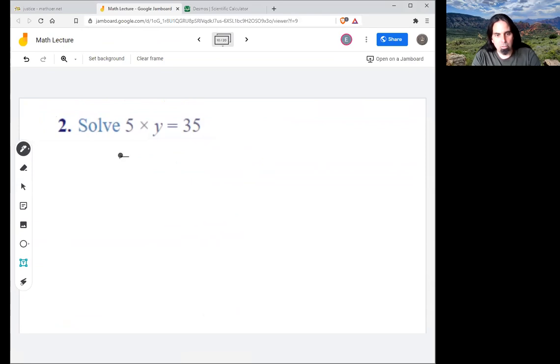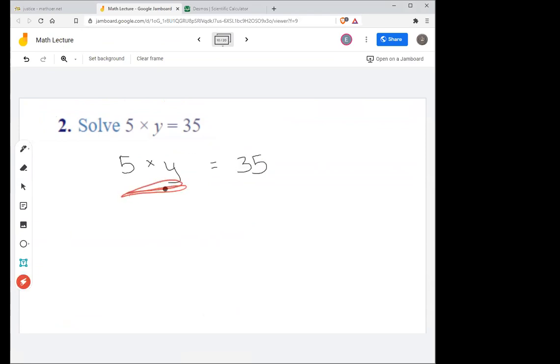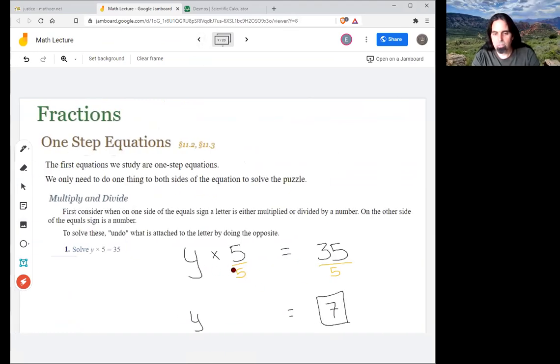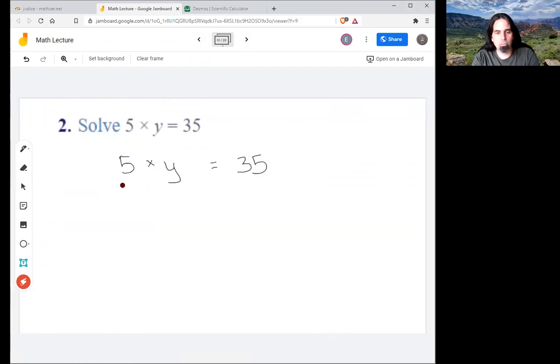If I have multiplied by 5 stuck onto y, it doesn't matter what order I write these. I could rewrite it like this without any trouble and switch which comes first, the y or the 5. So it makes sense that in this case, I could also say divided by 5 on both sides and get y equals 7.